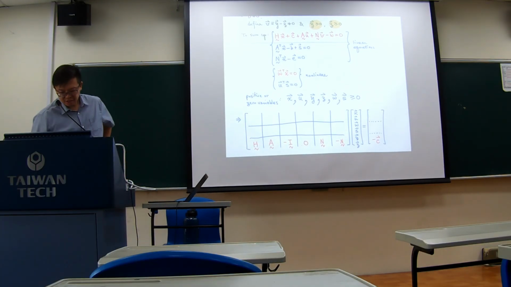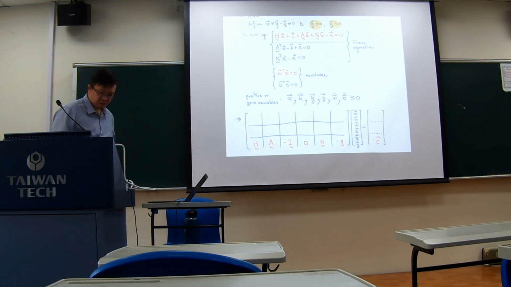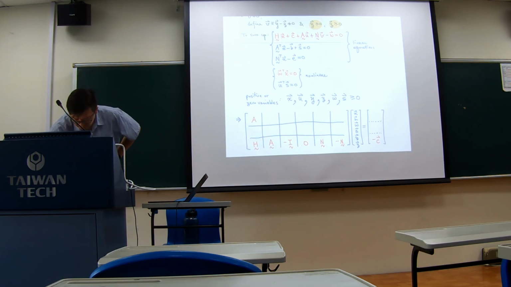Next, the second equation, A transpose negative b becomes b on the right plus s, so the fourth one, so plus identity.